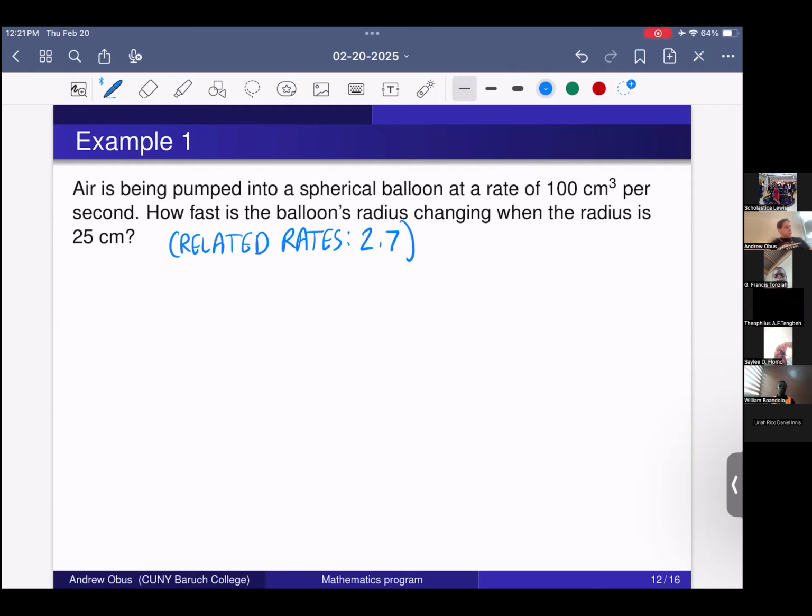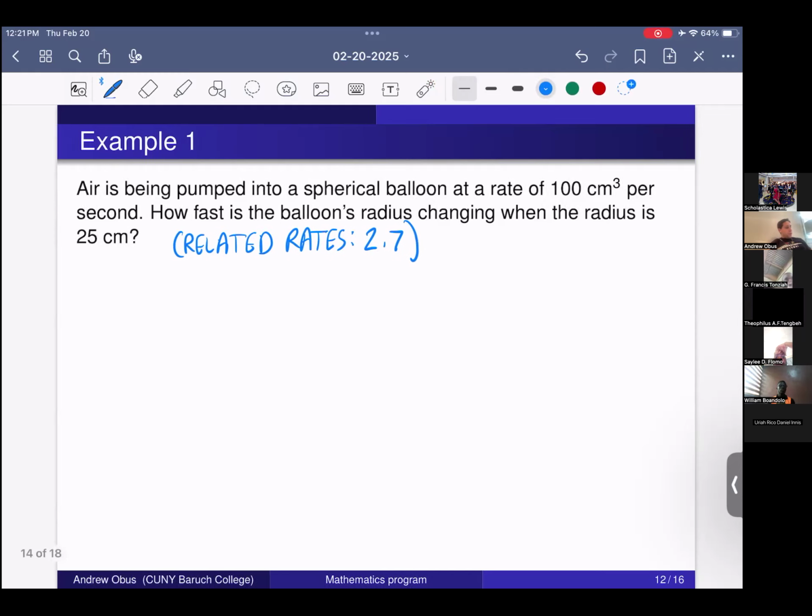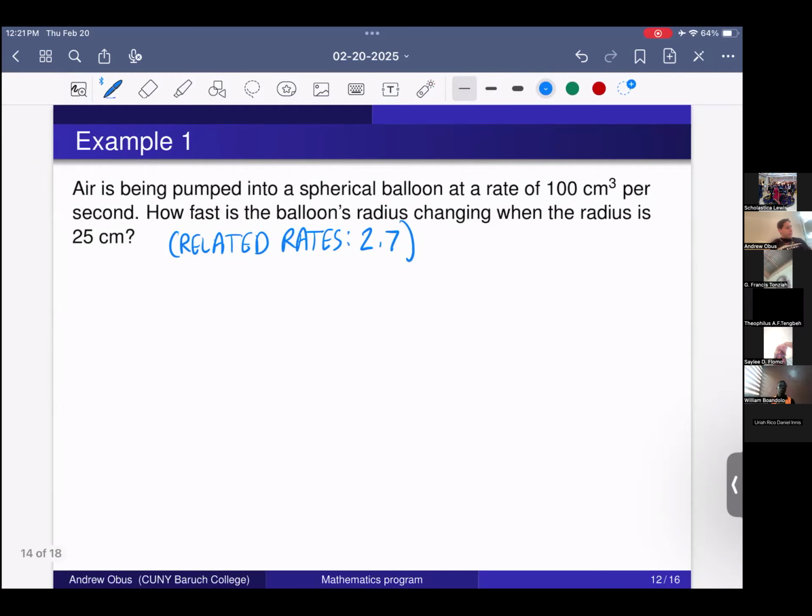Okay. So the first thing you have to do to solve a problem like that, step one, is to write down an equation relating the quantities.